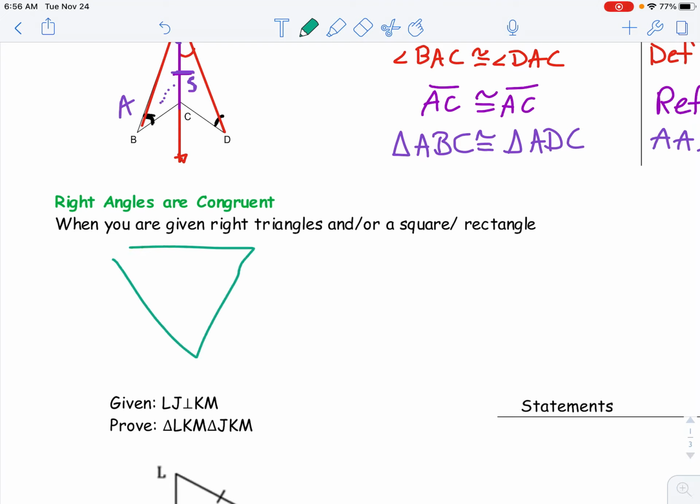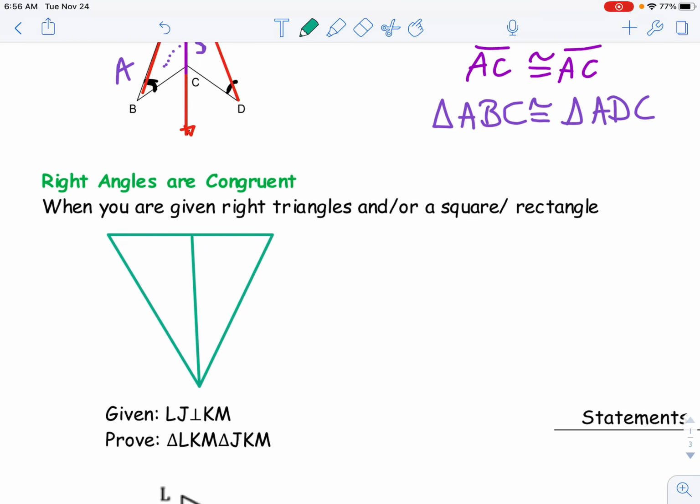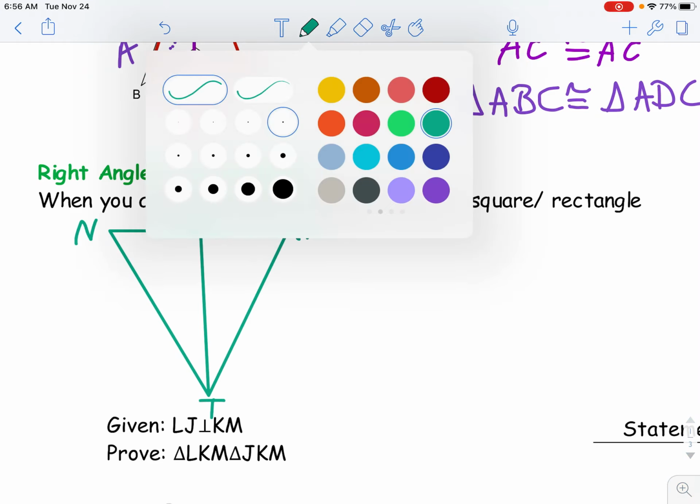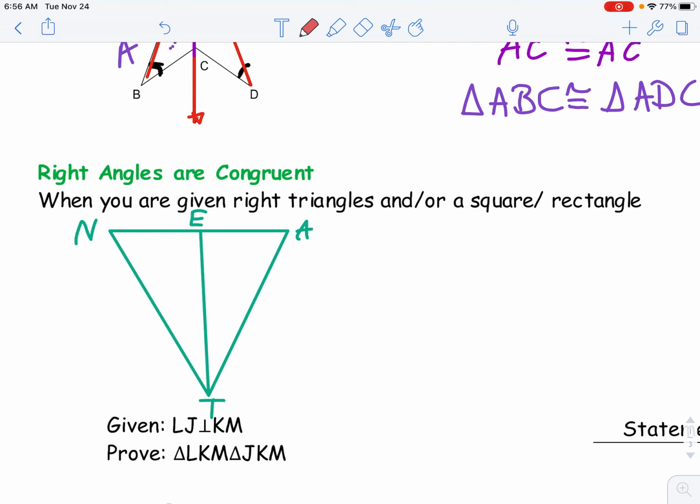I had a brain fart. I had a writer's block right there for a second. We'll draw it like this. All right. We'll call this triangle neat because triangles are really neat. All right. So it might say something like this.